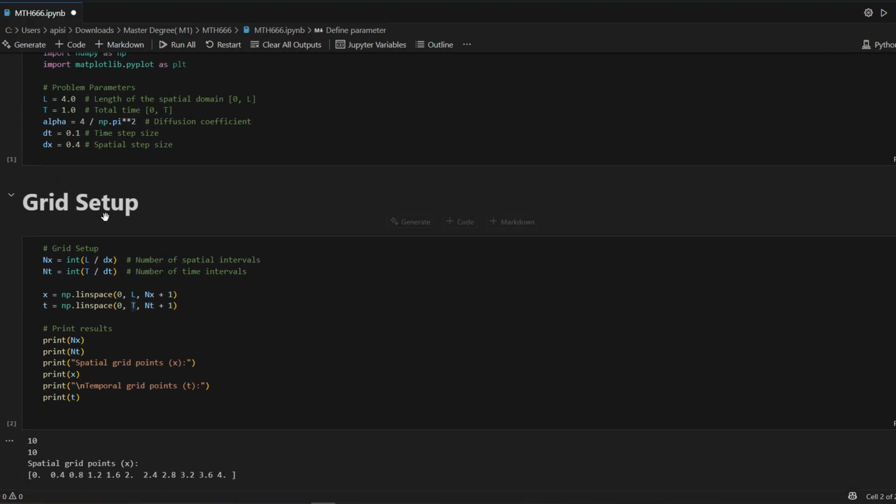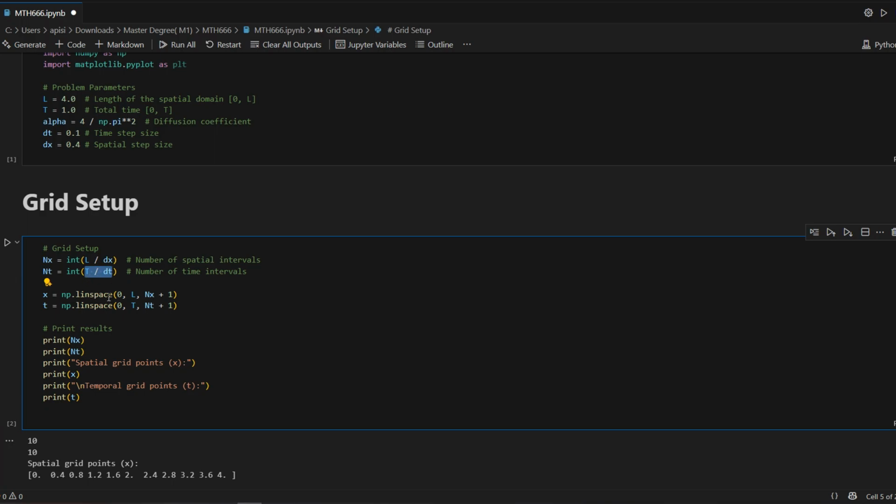Next, we need to set up the grid from the number of spatial intervals and the number of time intervals. We define them from the total length divided by the spatial step size, and the total time divided by the time step size.